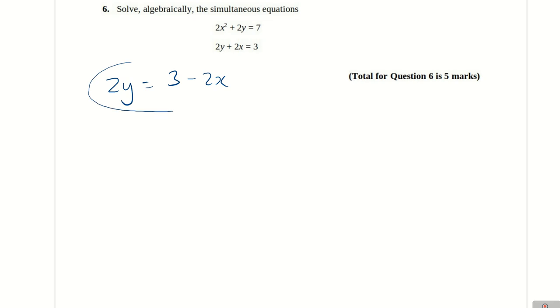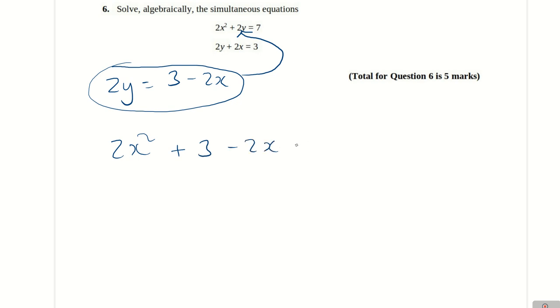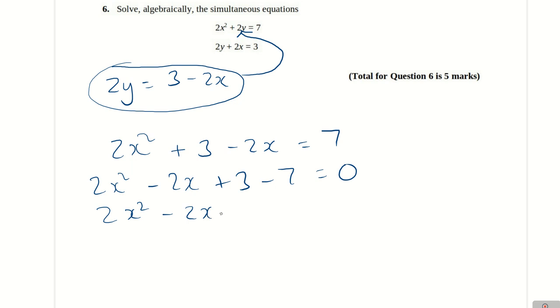And what we can do then is substitute that into the first equation, and that's going to give us 2x squared plus 3 minus 2x equals 7. Get everything onto one side, so 2x squared minus 2x plus 3 minus 7 equals 0. So in other words, 2x squared minus 2x minus 4 equals 0.